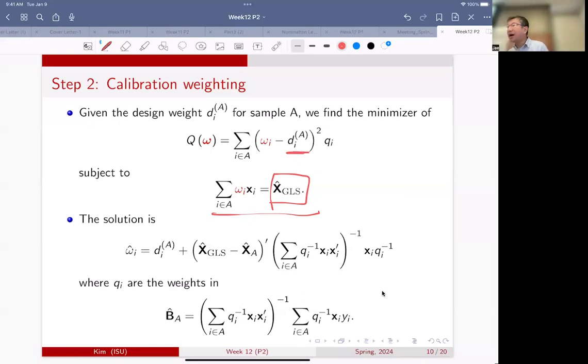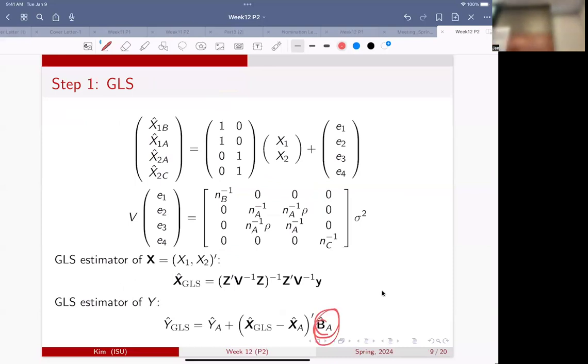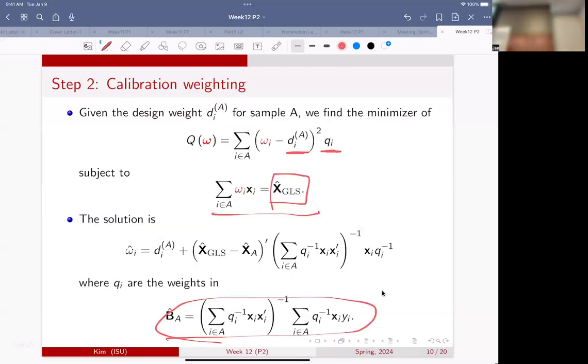So this is this part, and this QI is the same thing that we used to compute this coefficient here. So the idea is to approximate this one as this one, something like this, and then use it for QI here, and solve the calibration problem. Then this should be the answer, right?